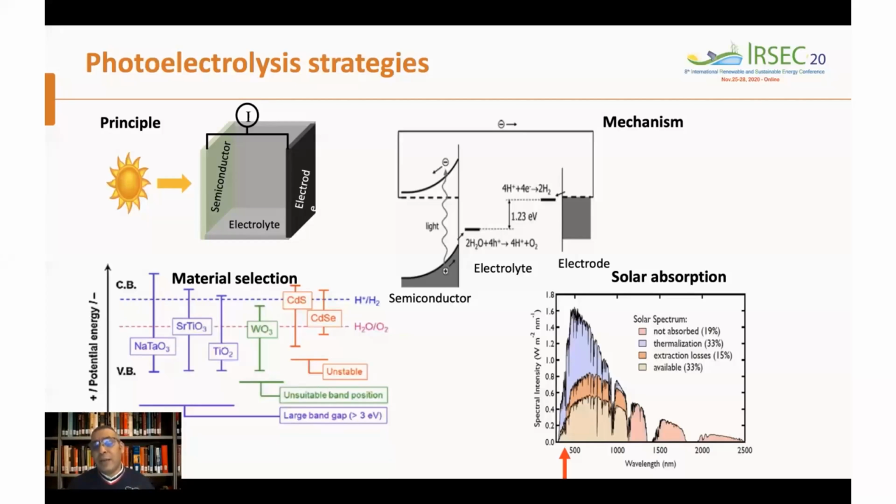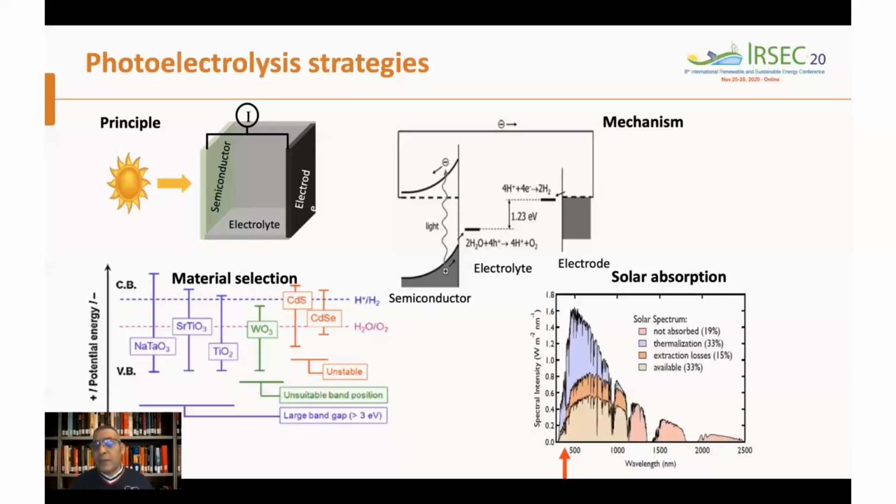So the only part available for this instance is what I put here in yellow, which is the invisible region, accounting also for UV, which is only 30%. So the idea here is to be able to use the full spectrum of solar energy, meaning UV and visible light, without losing irradiation due to thermalization and other aspects.